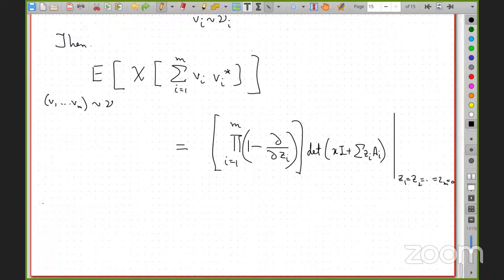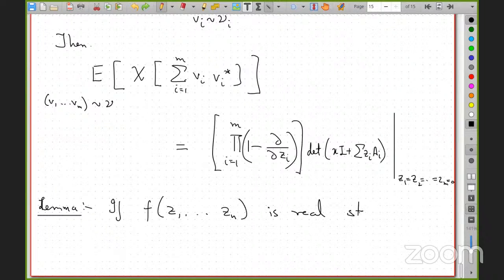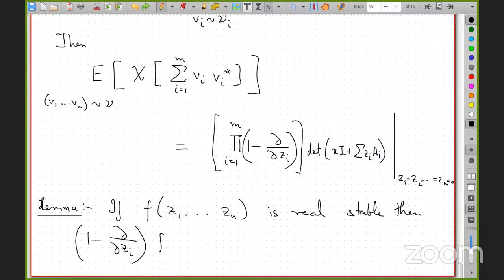To see that, we'll need one more lemma, which is something we've not seen before, but it's easy to prove given what we know. It is that if f(z_1 to z_n) is real stable, then 1 minus del/del z_i of f is also real stable.